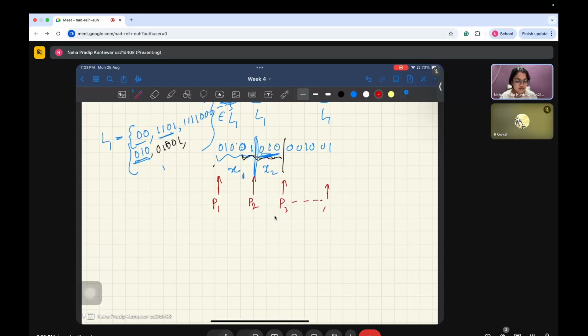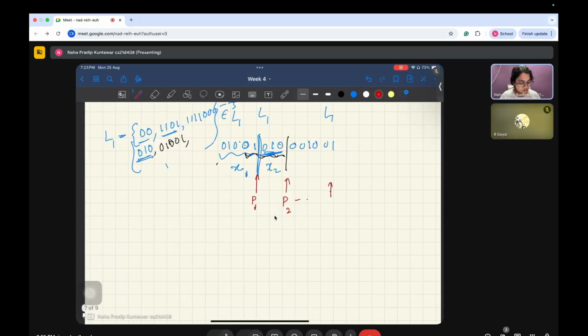Actually p1 is redundant because it starts from the first bit. So I'll call p1 the end of the first string, p2 the end of the second string, up to p(k-1). These many counters are what we need.